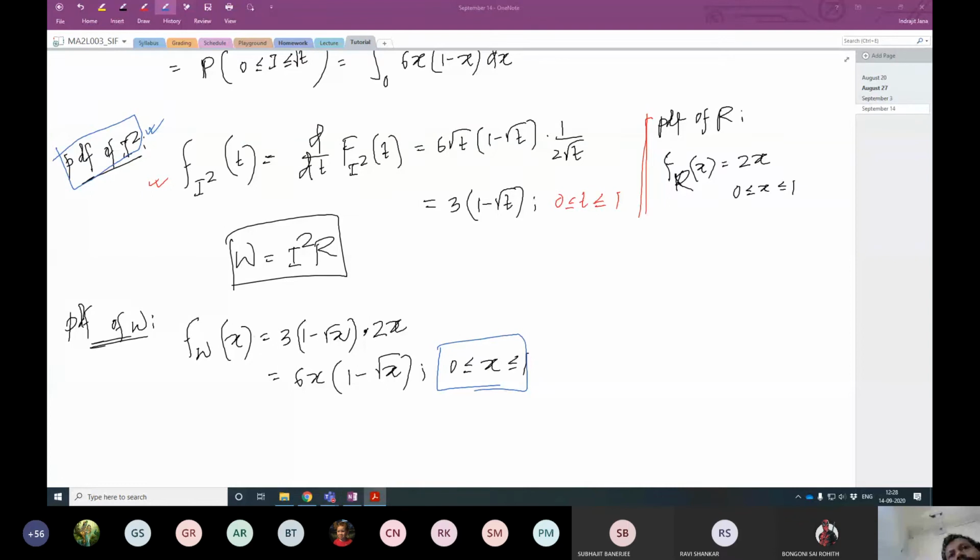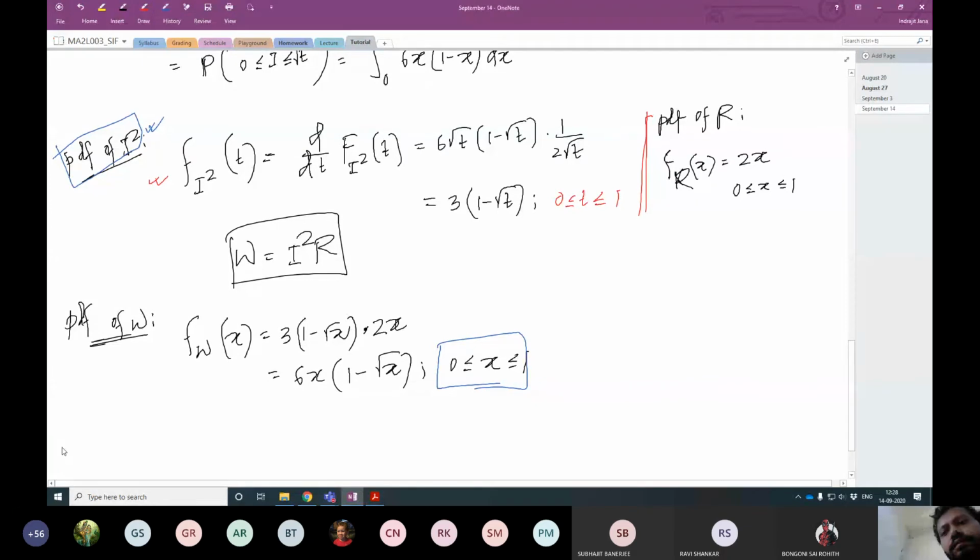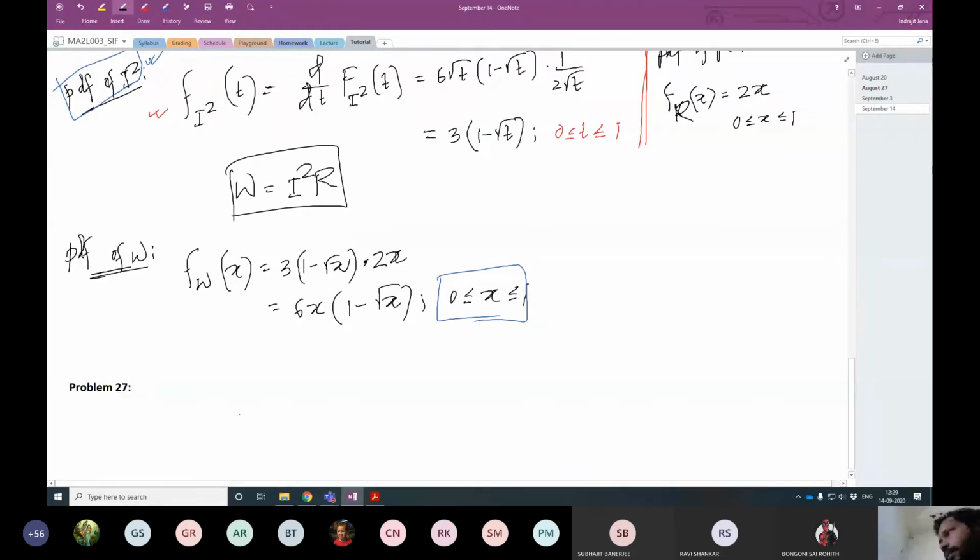Okay. So 27 says that the PDF of a random variable is given by a plus b x square for x between 0 and 1, and zero otherwise.